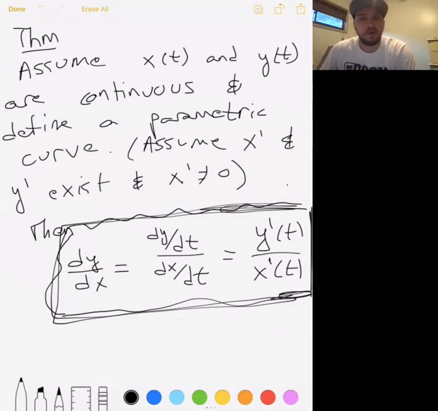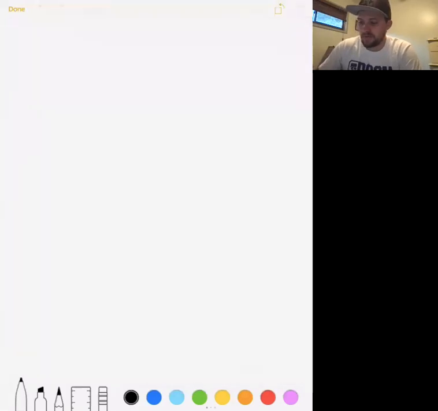Well, then it's: let's find critical points, let's find maxima and minima, let's find slopes of tangent lines, let's find equations for tangent lines, et cetera. So we still want to be able to do all of that. So let's go through a few examples and see how we can find critical points or equations of tangent lines, but now working in parametric form.